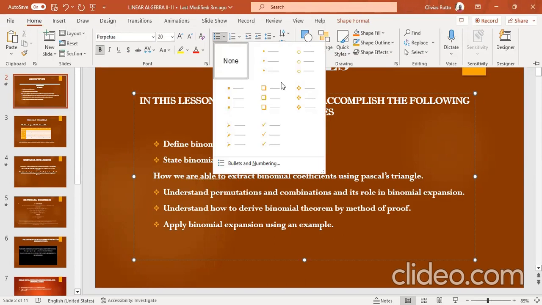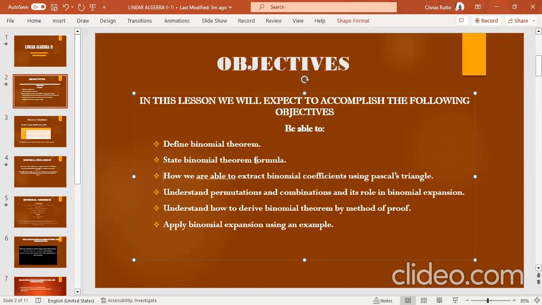We will be able to recap on permutations and combinations, which are very useful theorems in binomial expansion. And we'll use an example to show how the binomial theorem works.